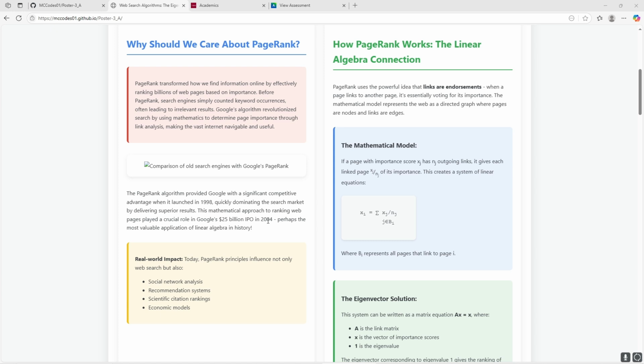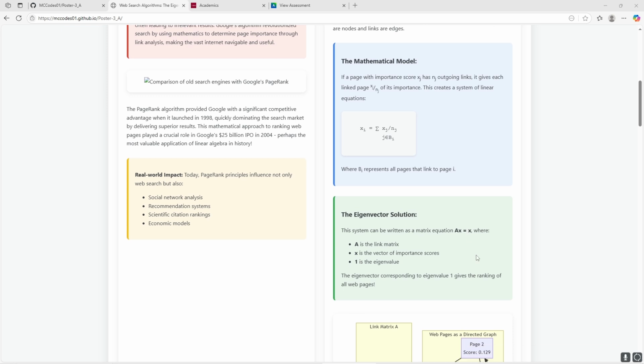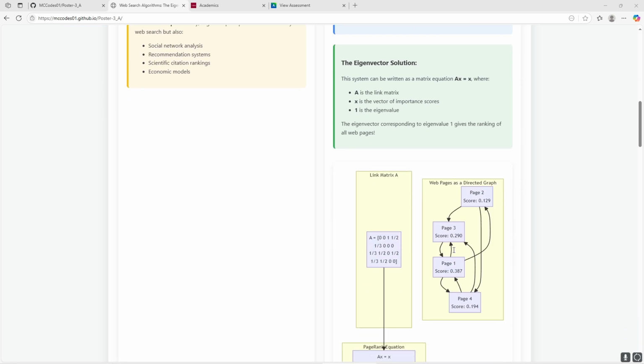So this creates a system of linear equations that can be written in matrix form as Ax = x, right? Let's go ahead and continue.